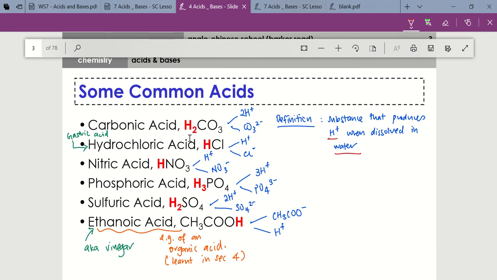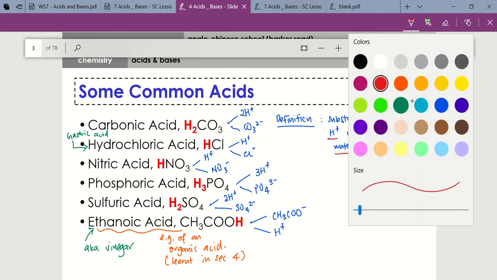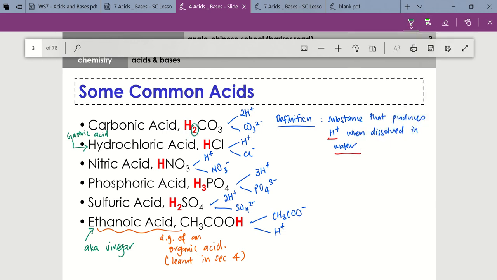So for example, carbonic acid has a formula H2CO3. In this compound itself, it can be dissociated to form two hydrogen ions and one carbonate ion. So the two over here is where you get your two hydrogen ions from.